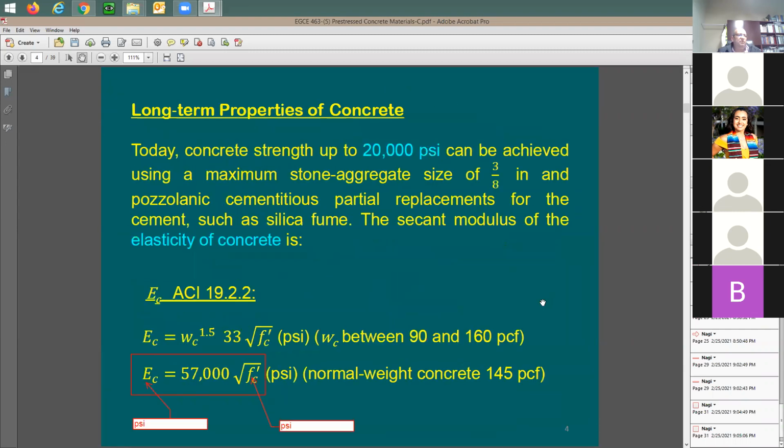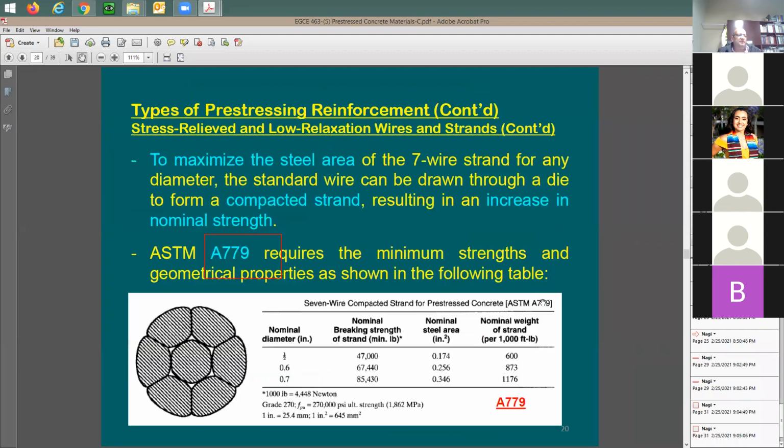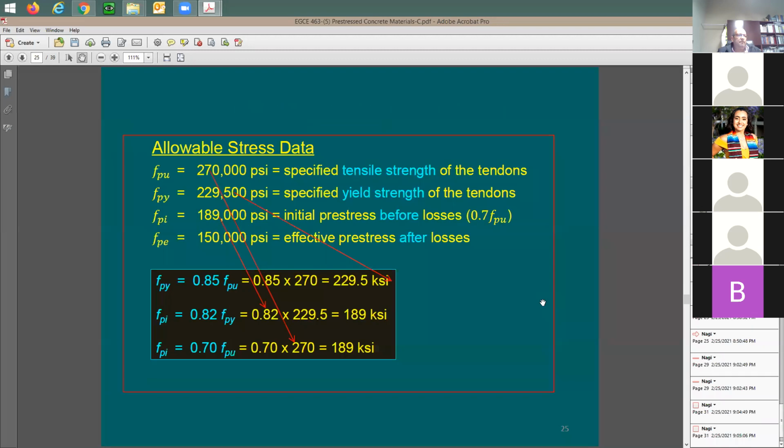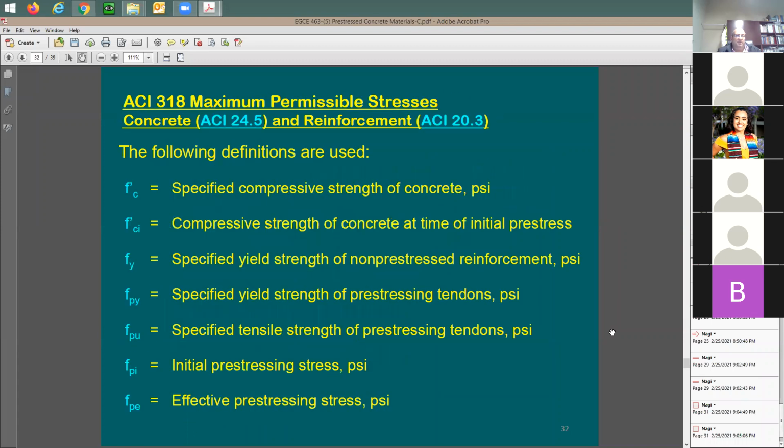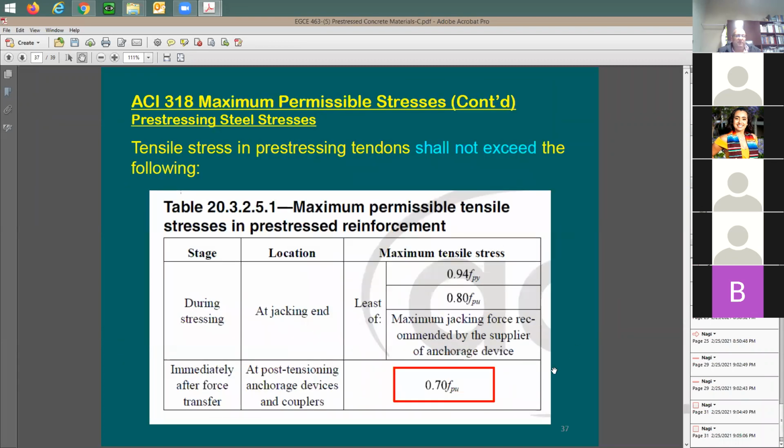Let me take you back here. Oh, it's right here. See the 70%? 189. So I guess now you know where I get the 70% from. It's going to be from this code section, and here's the source of it. It applies immediately at time of force transfer.